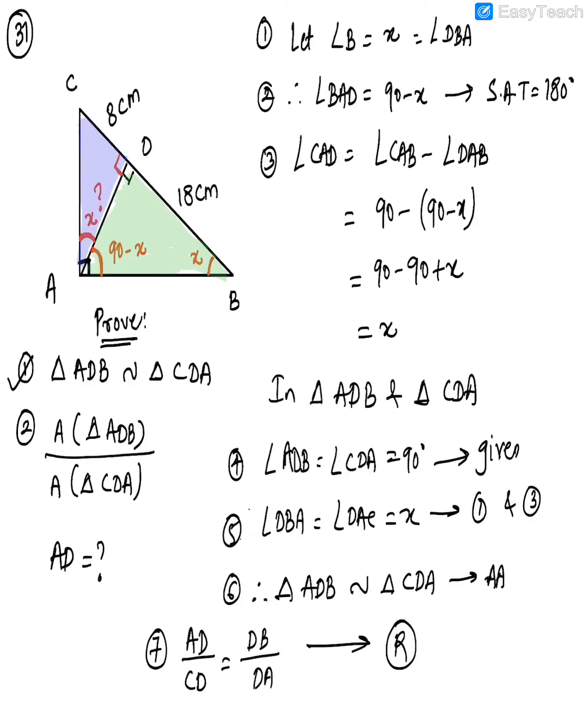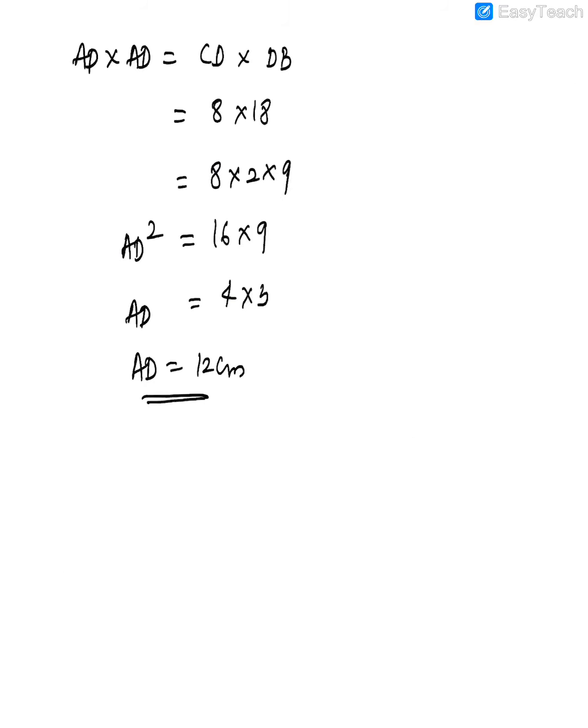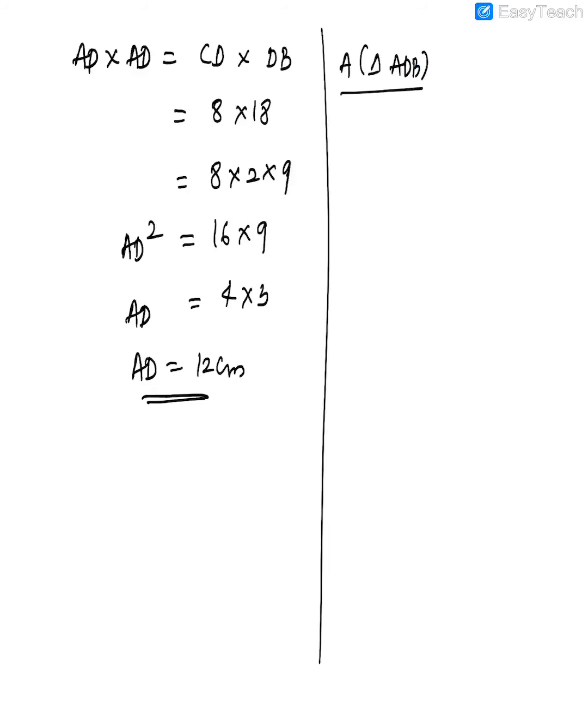Here also you need to write the reason: areas of two similar triangles are proportional to the square of corresponding sides. Now what were AD and CD? AD we have found, 12, and CD was 8, and then the whole squared. So that is 3 upon 2 squared, which is 9 upon 4. But you have to find the ratio, so I'll write it as 9:4, your final answer.